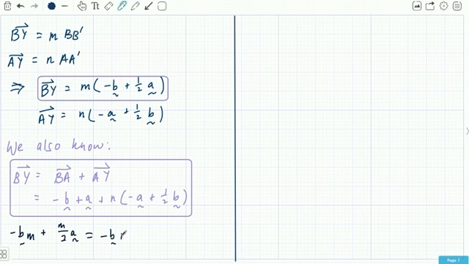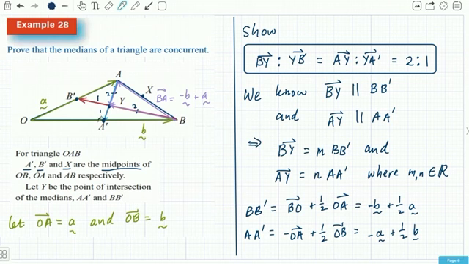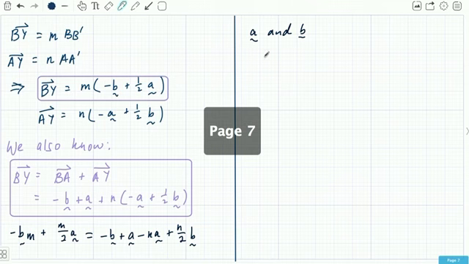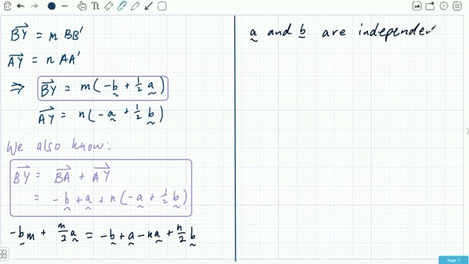So negative b plus a, this is minus na, and this is a half n, so I'm going to write that as n over 2 b. Now a and b, those two vectors, if we look at the diagram, you can see that a and b are not parallel, and hence they are independent. So because a and b are independent, we can equate their coefficients.